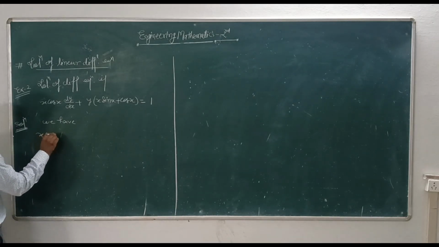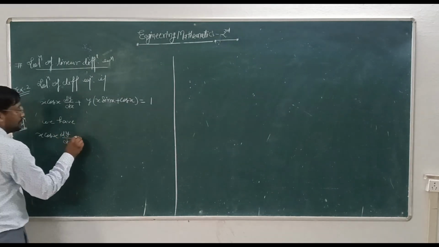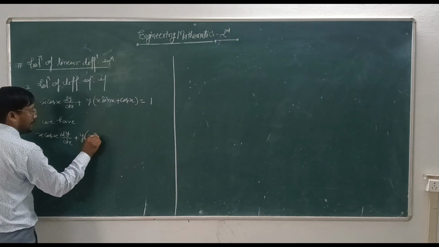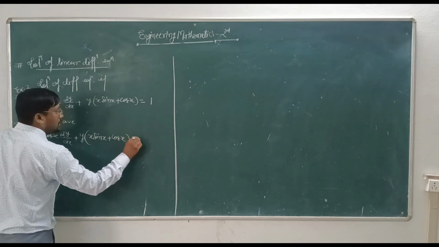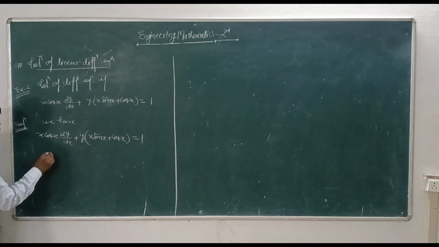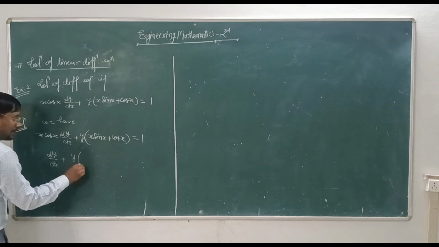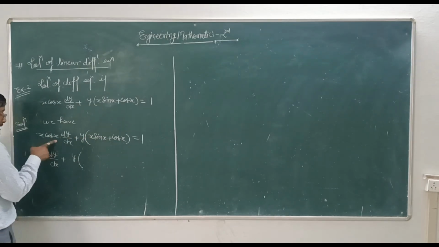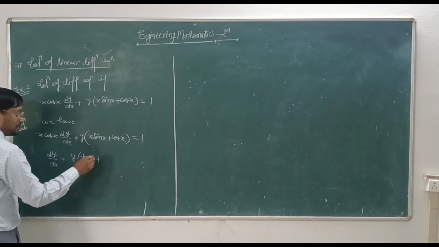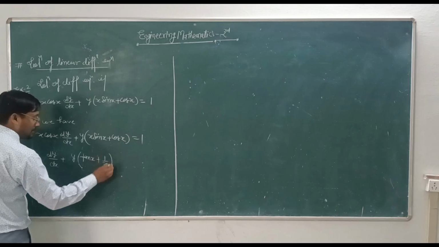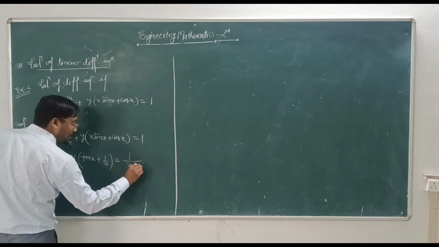x cos x dy/dx + y(x sin x + cos x) = 1. Now you can write dy/dx + y, dividing this function by this function, (tan x + 1/x) = 1/(x cos x).